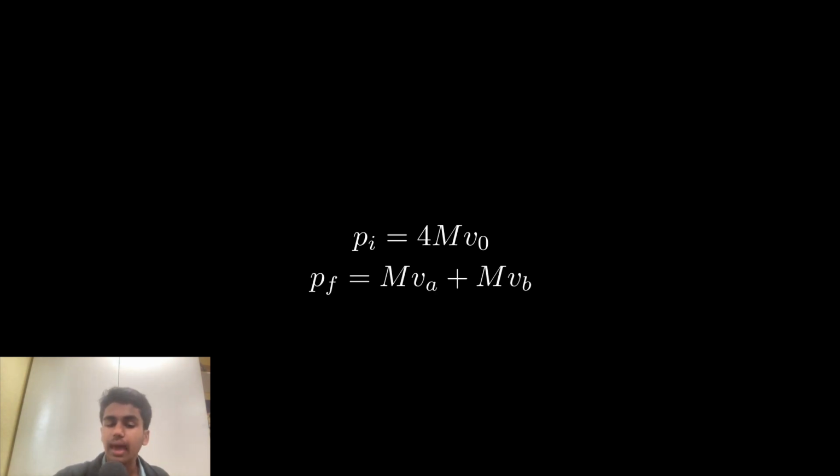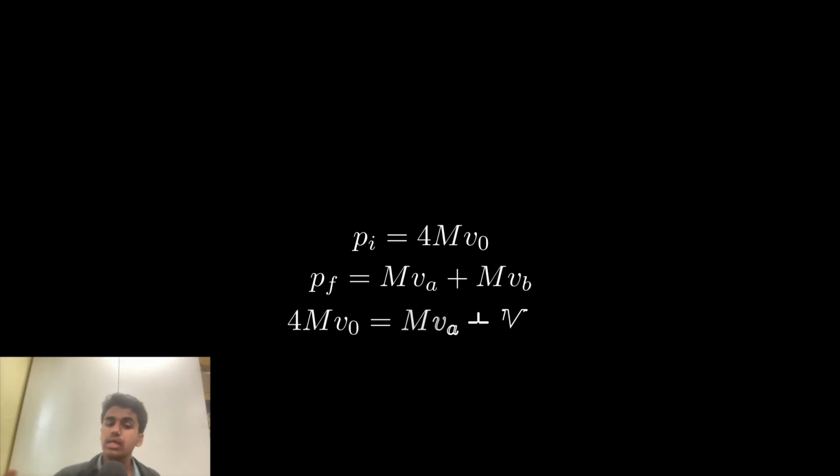So final momentum equals initial momentum. But we already found in part A that the initial momentum of the system is 4mv0. Final momentum can be written as m times va, which is the final velocity of mass A, plus m times vb, and then vb will be the final velocity of block B.